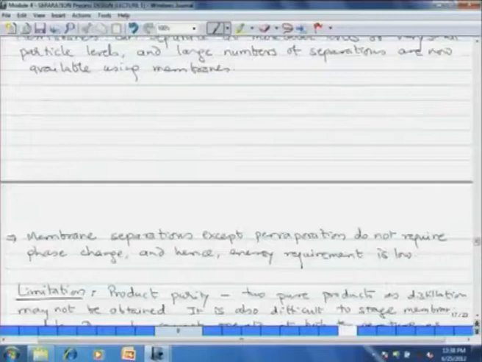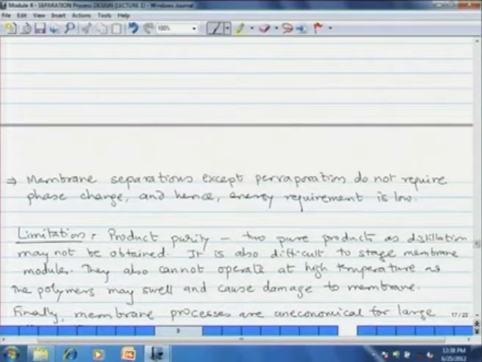Membranes can separate at molecular level or very small particle level, and a large number of separations are now available using membranes. Membrane separation is less energy intensive except pervaporation, where a component dissolves at one side of the membrane, diffuses, and then evaporates on the other side. That is pervaporation: permeation, evaporation. It is only a slightly energy intensive operation, because there is a phase change across the membrane.